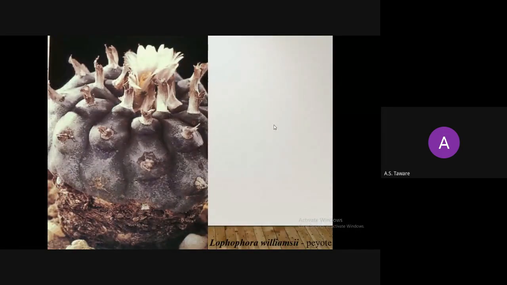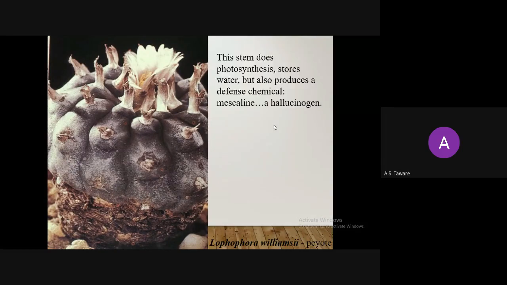Again, this is Amorphophallus, again a common name. They also store some chemical compounds, a defense chemical, that is mescaline. This plant stem is storing this defense chemical. The plant is Lophophora, and the chemical substance is mescaline, which is a hallucinogen.